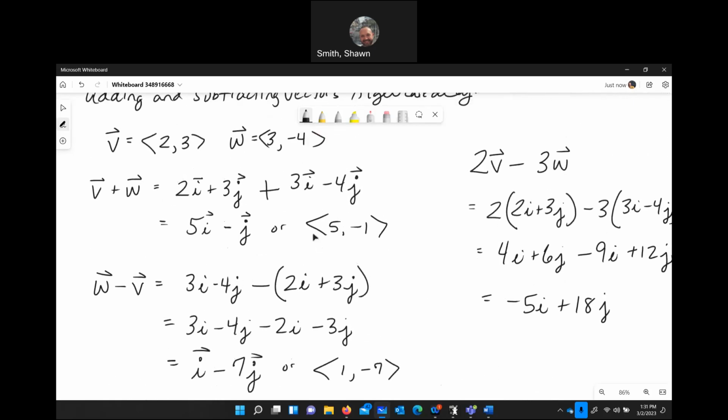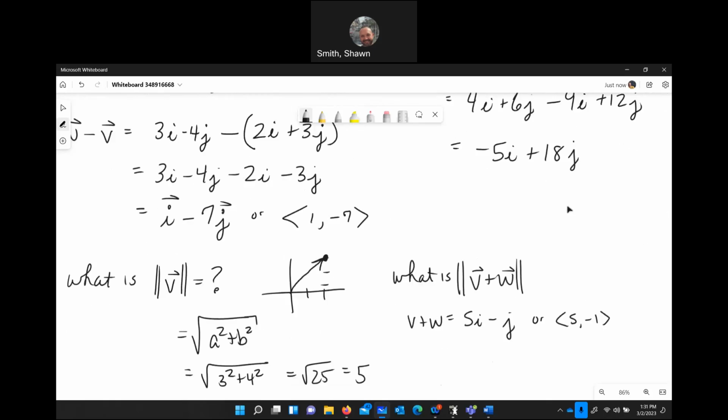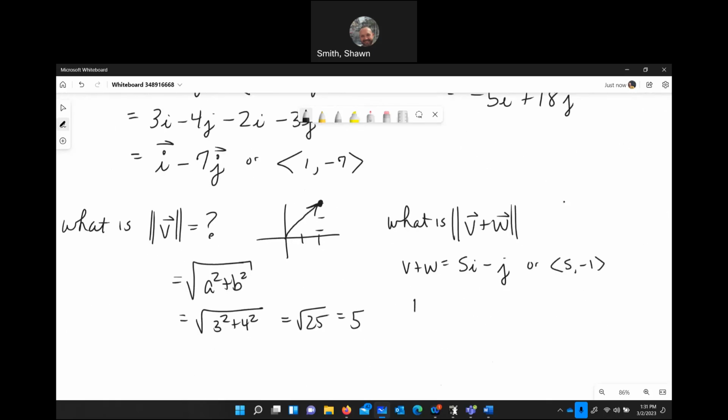V plus w is 5i minus j, or 5 negative 1. So the magnitude of v plus w is the square root of 5 squared plus negative 1 all squared, which is the square root of 26.